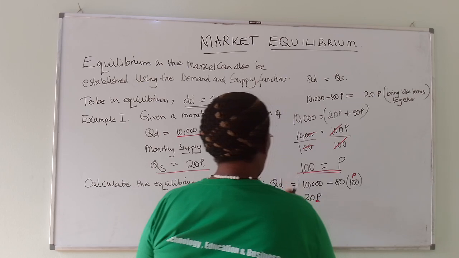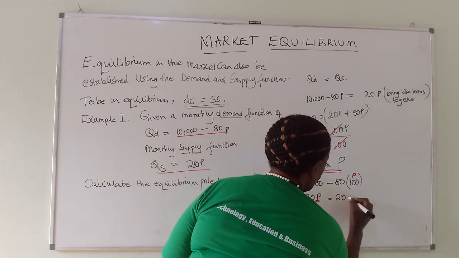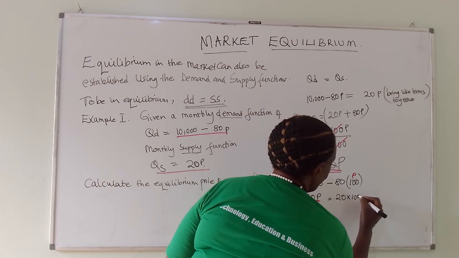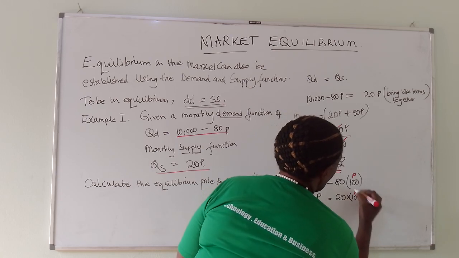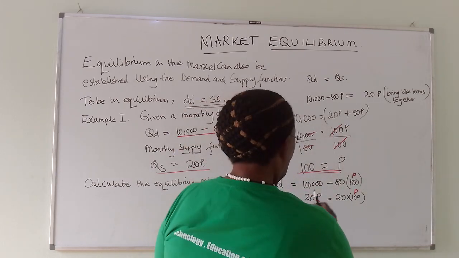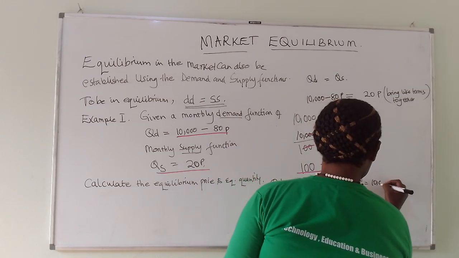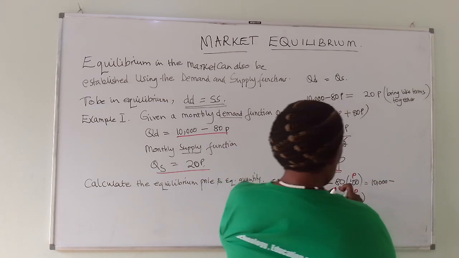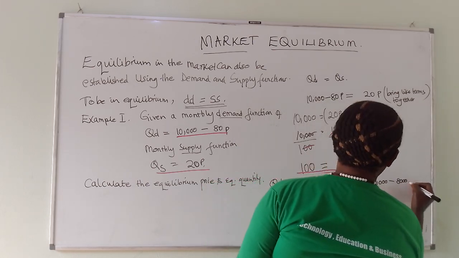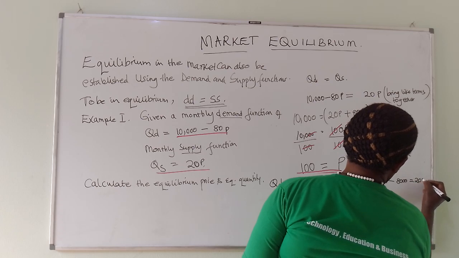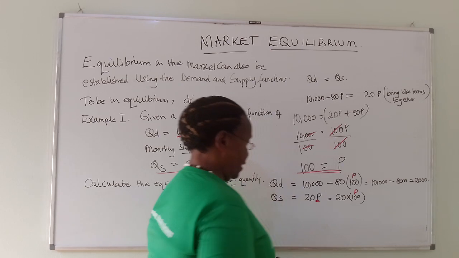We want to see whether they will be equal. So here it is going to be 20 times 100, which is our p, or our price, as calculated above. So here we find that it's going to be 10,000 minus 80 times 100, which is 8,000, and the equilibrium quantity demanded is 2,000.